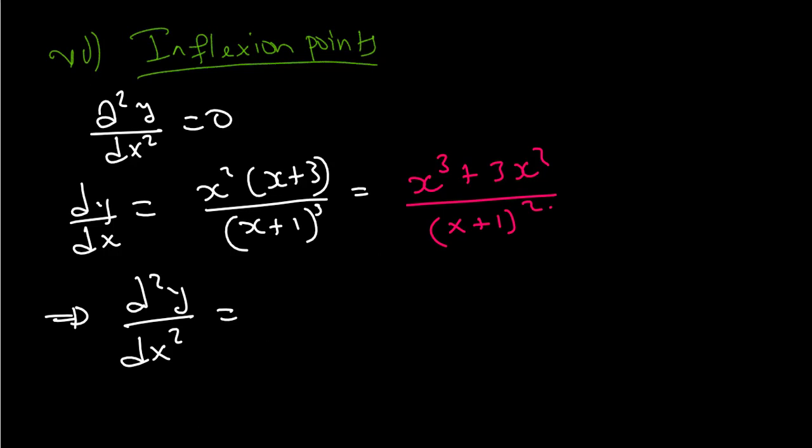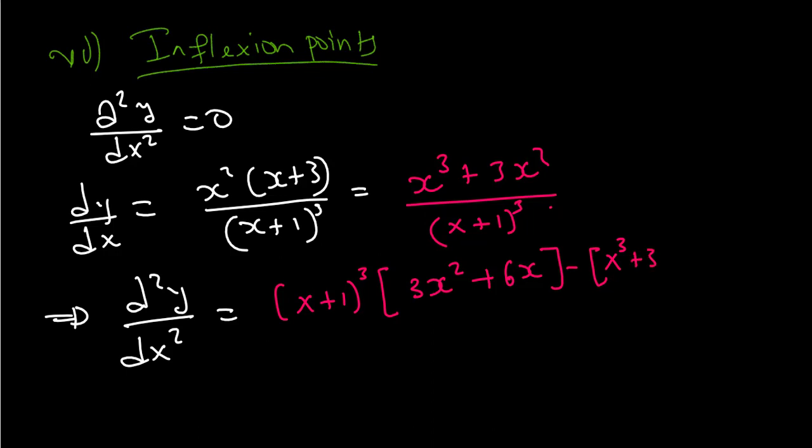Differentiating this, for the bottom constant we keep x plus 1 cubed, and we differentiate the top, which gives us 3x squared plus 6x, minus the top constant x cubed plus 3x squared, and we differentiate the bottom.